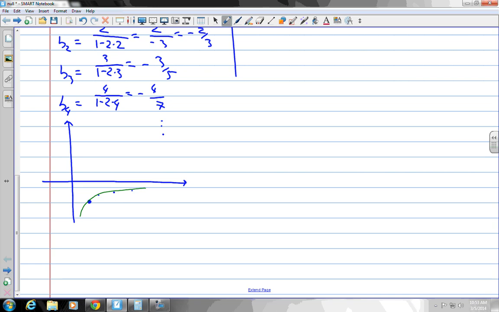Yeah, I can just consider this function. It has some discontinuity issues, but it is continuous at all natural numbers, and it equals my b sub n for x equals n, where n is a natural number.